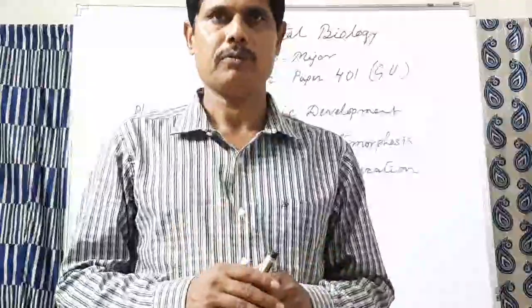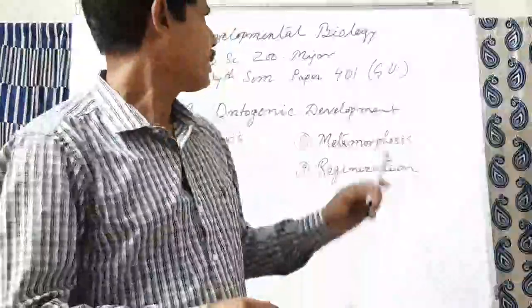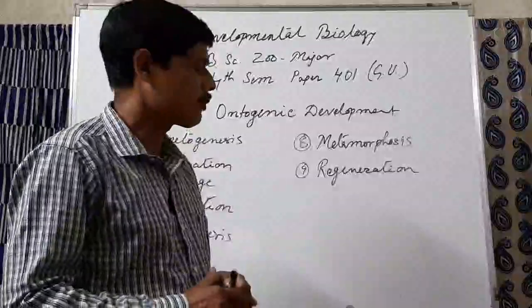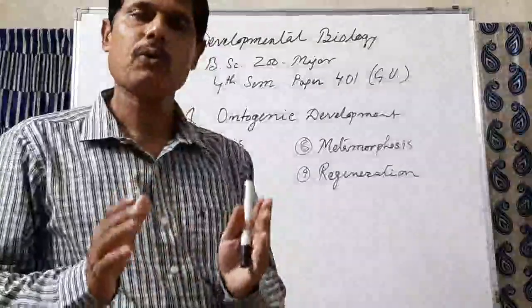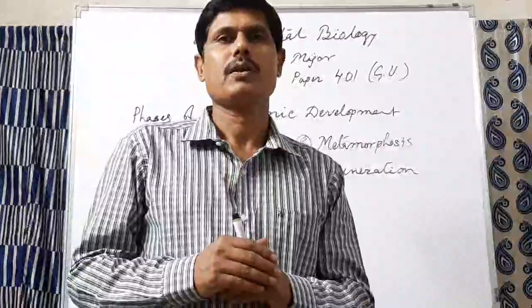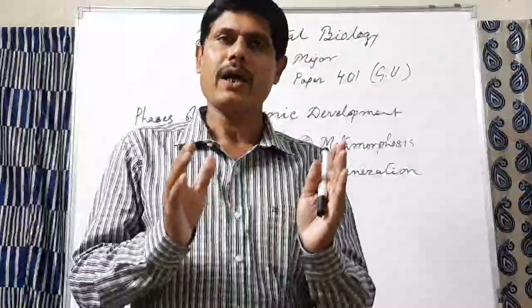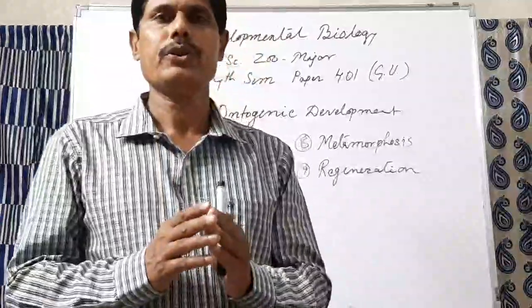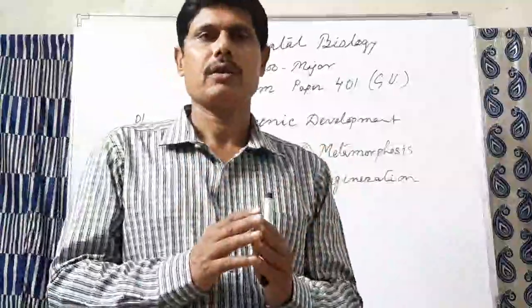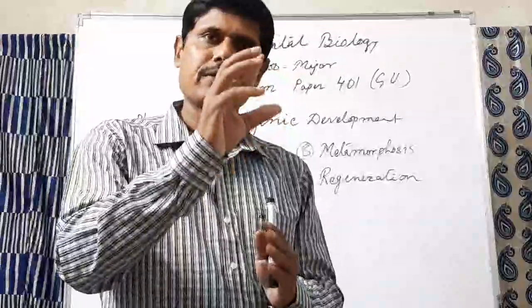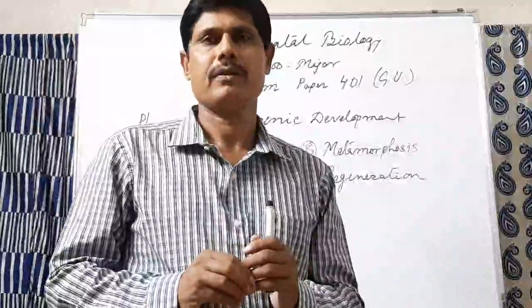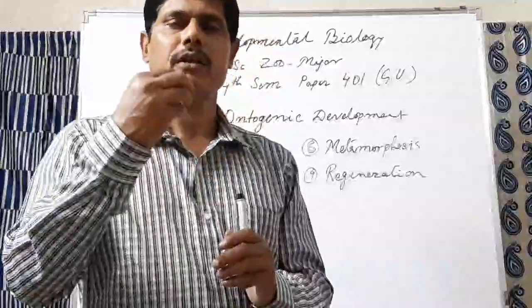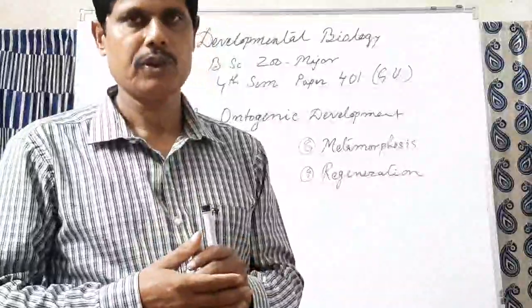What is embryo? Developmental biology is a study about the embryo. First of all, what is embryo? Embryo is the early stage of an animal which is found in the egg itself or inside the maternal body.